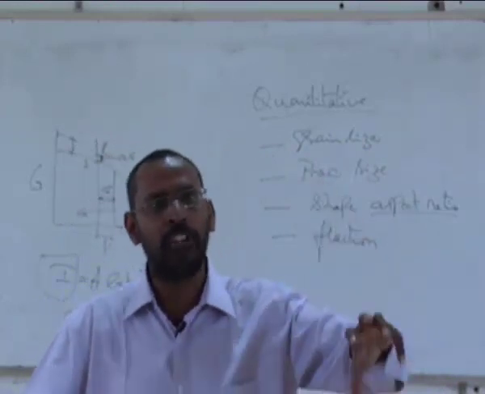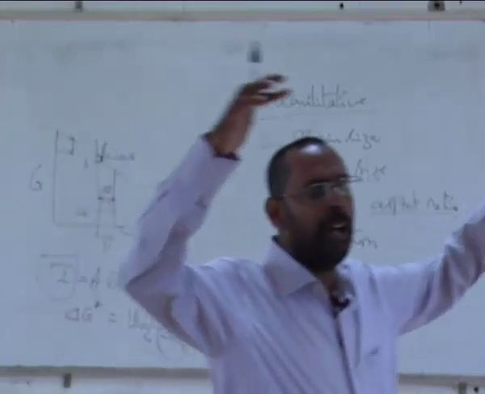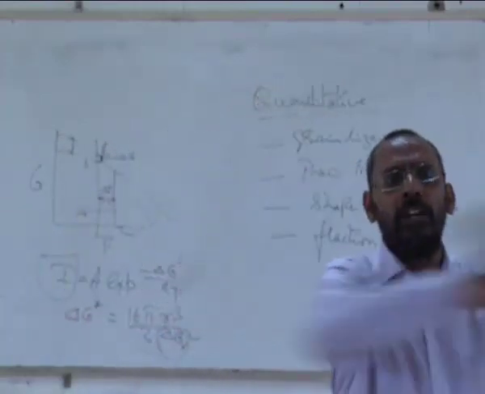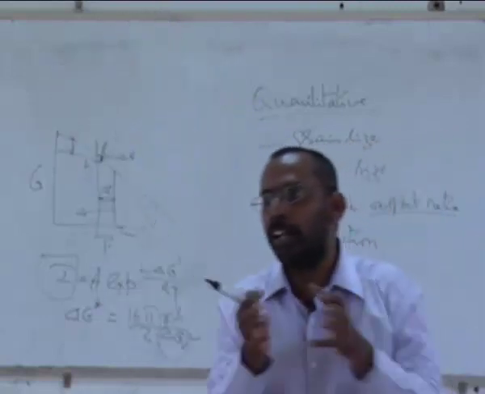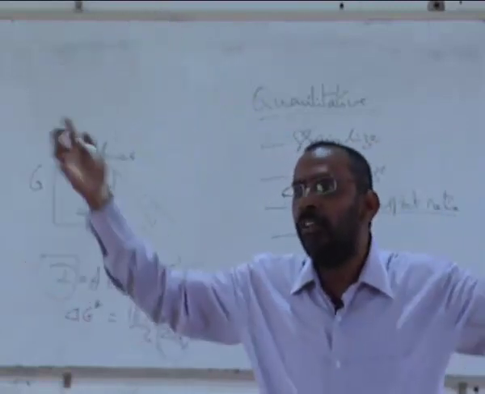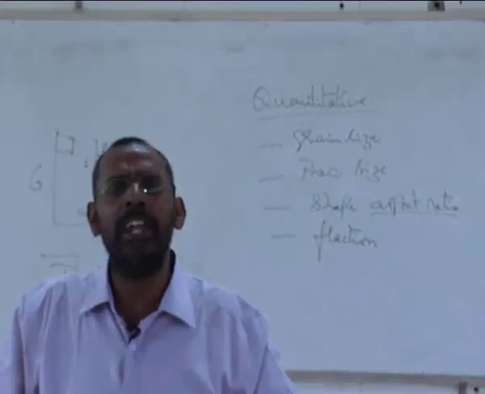One is nucleation, another is growth, right? If all nuclei have formed at time t equal to 0, and they are all growing isotropically in all directions, then you will see that in the casting all grains will have the same size. So this is a very, very idealistic situation.